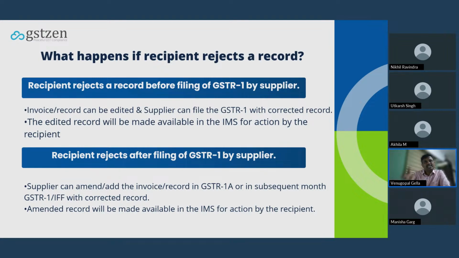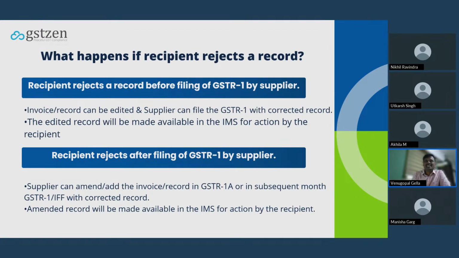What happens when you resubmit the same record? It comes back to the recipient dashboard. So earlier I had rejected it, now I will accept it, and the credit will come back. You may ask a question: what happens if the second time also I have rejected? GSTN has no facility given.